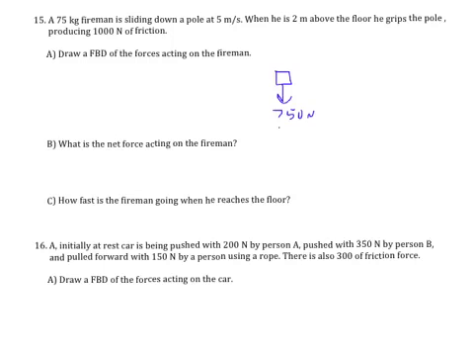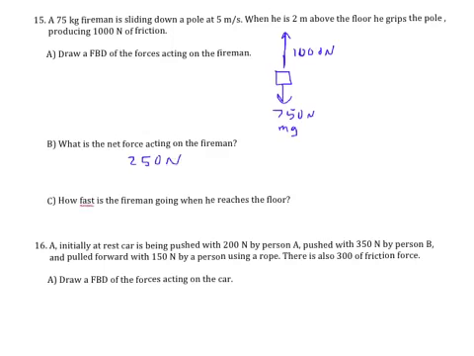Remember, the force of gravity is mg. Now, he grips the pole, producing an upward force, which is a little bit larger. Let's say 1,000 newtons. I don't have any other forces acting on the system, so the net force is going to be positive 250 newtons, in a positive direction.